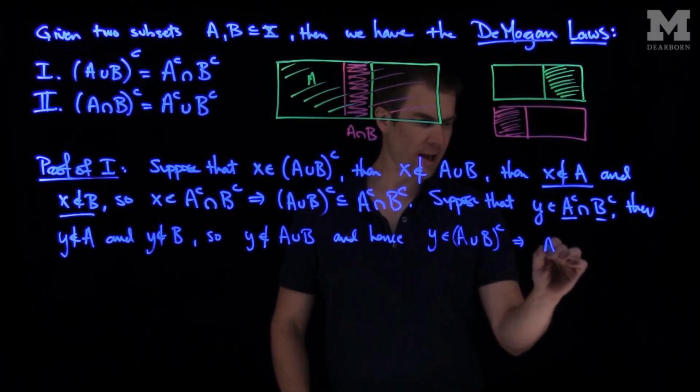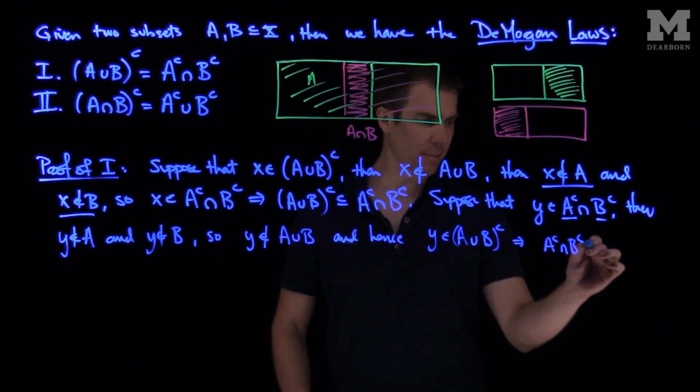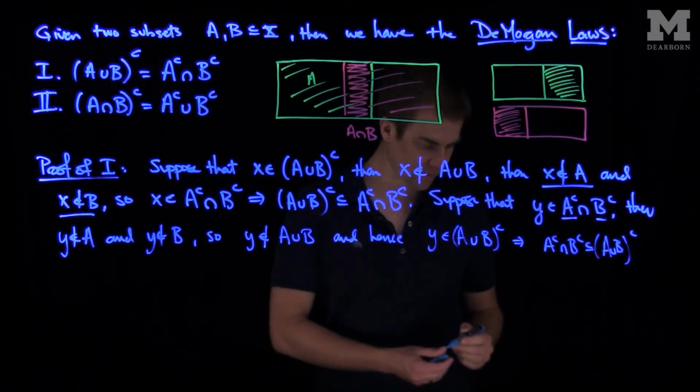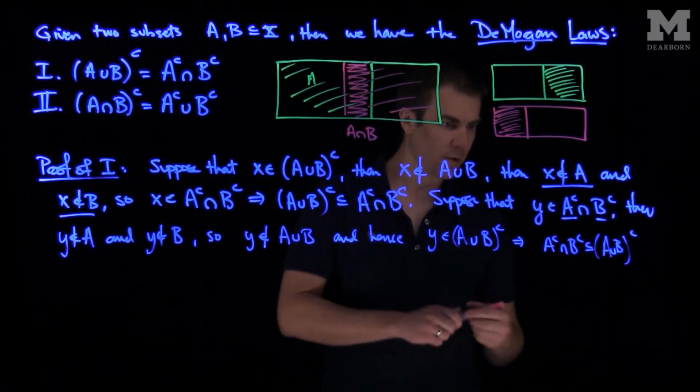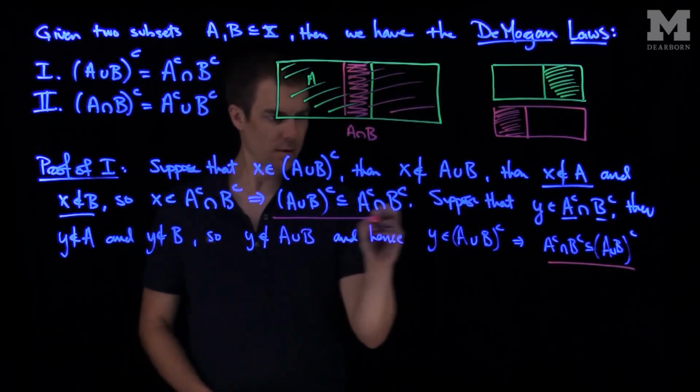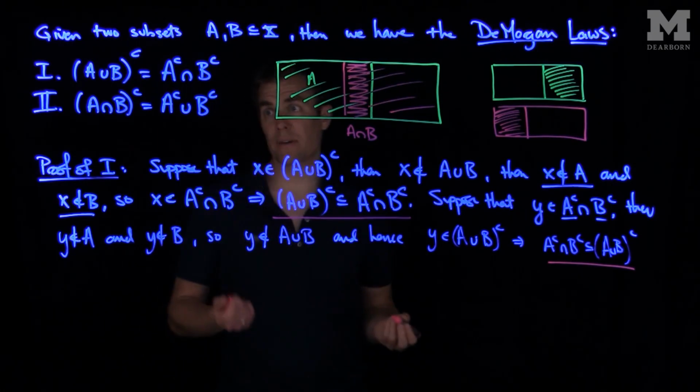So we've shown that A complement intersect B complement is contained in A union B complement. So altogether we've shown that one is a subset of the other, and the other is a subset of the first, and therefore we have equality in this.